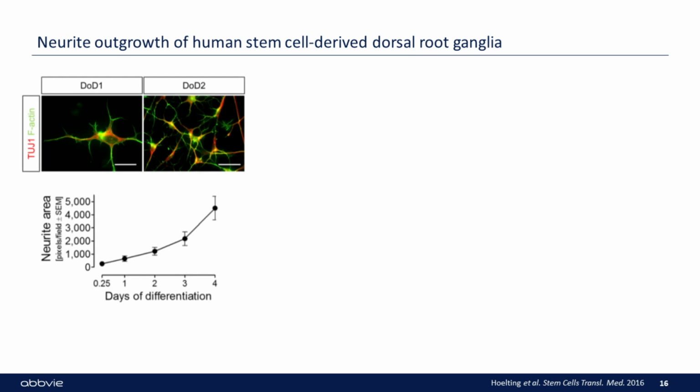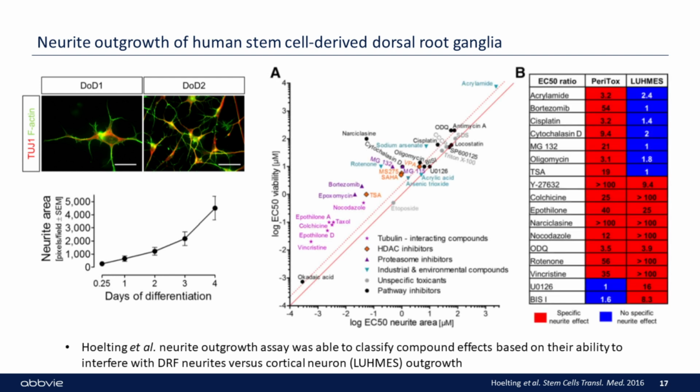In this study, the authors derived human dorsal root ganglion-like neurons from pluripotent stem cells, cultured them for a period of time in the presence of a dose-response of chemicals, and compared effects on neurite outgrowth with effects on viability in the dorsal root ganglion neurite assay, as well as a similar assay using a central neuron from LUMIs.